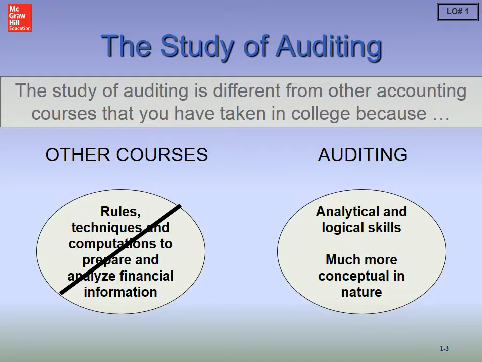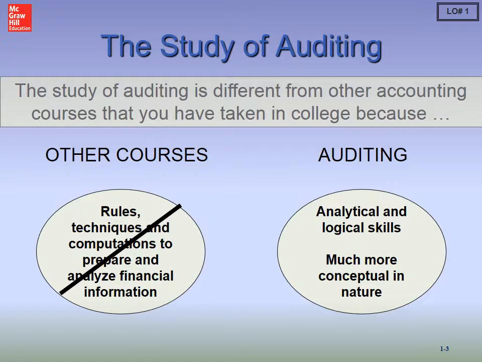You're following the rules of the Financial Accounting Standards Board. FASB is most of what you learn, but you also learned a little bit about international accounting standards promulgated by the International Accounting Standards Board, the IFRS, International Financial Reporting Standards, rules and principles that are used to prepare financial statements.